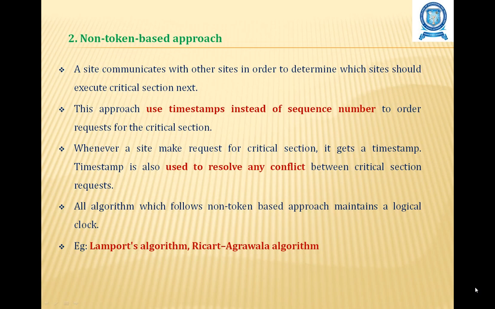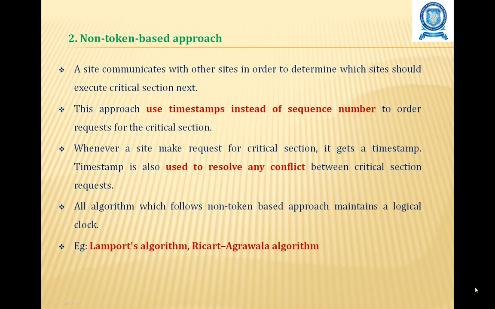The next approach is the non-token based approach. In this approach, a site communicates with other sites in order to determine which site should execute the critical section next. It uses a timestamp instead of a sequence number to order the requests for the critical section.